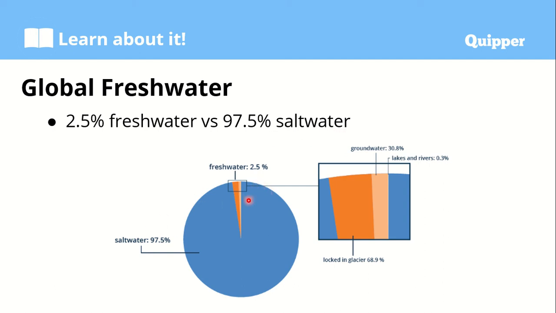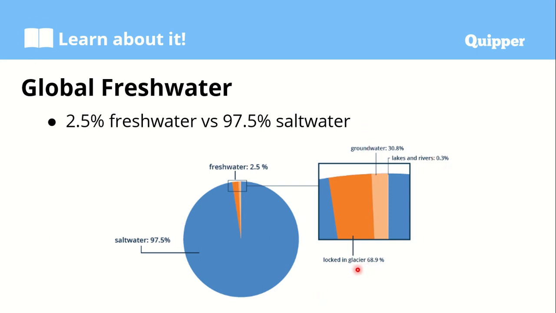So that means maraming mga maalat na tubig ang present sa atong planet compared sa fresh water. Now, this fresh water is further subdivided into other types of fresh water, and these are the glaciers, the groundwater, and the lakes and rivers.